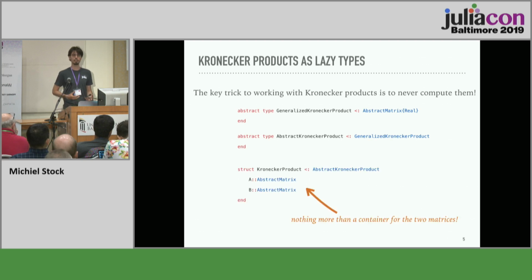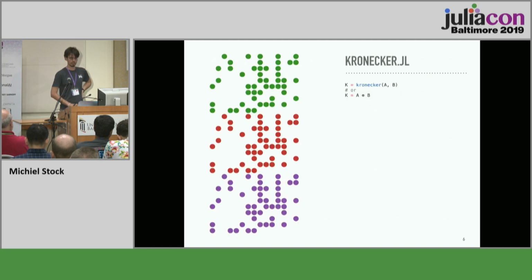And a concrete instantiation of that, so a struct, here this example is Kronecker product, there are other special cases, is nothing more than a container for the two matrices, which does not compute the Kronecker product directly because we want to circumvent this. And then the only thing that I've done is overload all these other functions so that they use these tricks on these matrices directly. And the API of my package is, I think, quite intuitive.